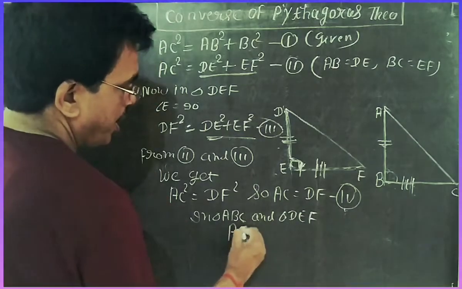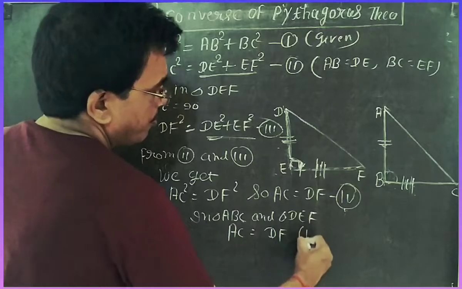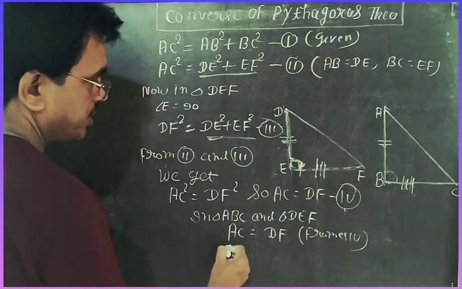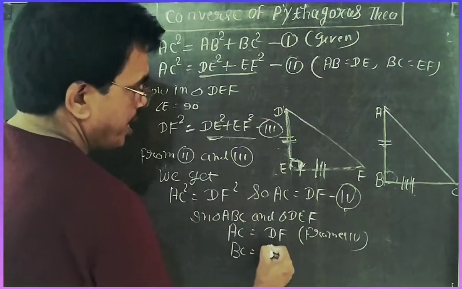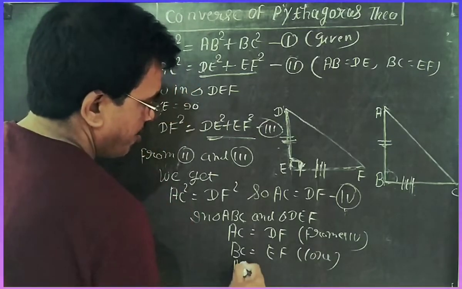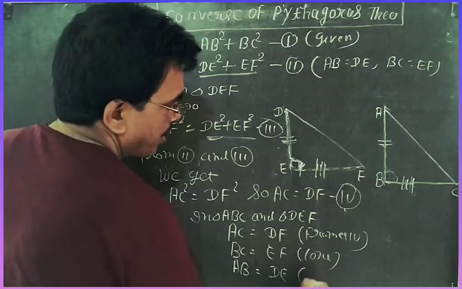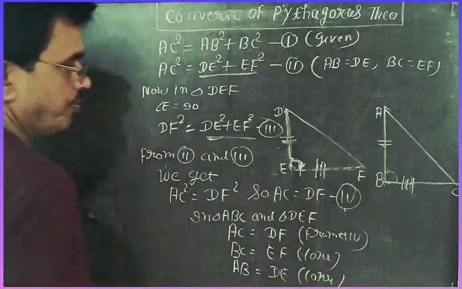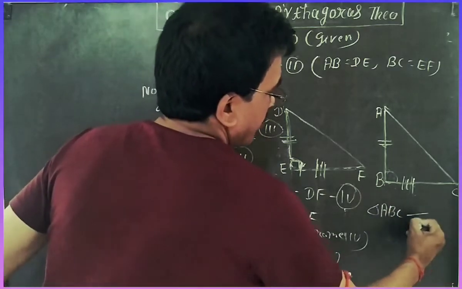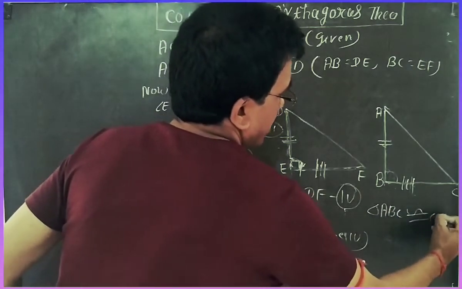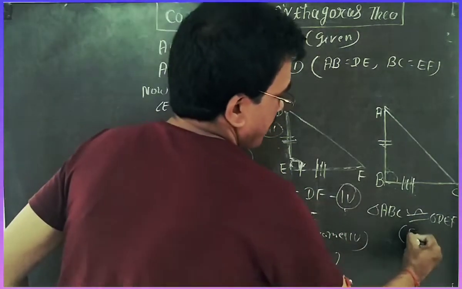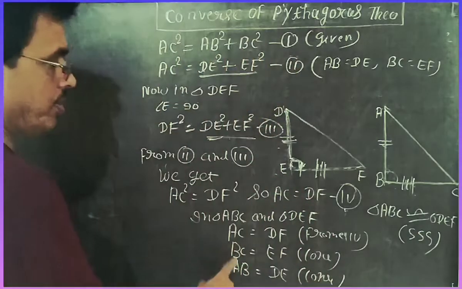Now find the congruency relation between triangle ABC and triangle DEF. First, AC is equal to DF from equation 4. Next, BC is equal to EF, that is construction. And AB is equal to DE, also construction. So what do you get? You get triangle ABC congruent, not similar, congruent to triangle DEF by SSS, because all of the sides are equal.